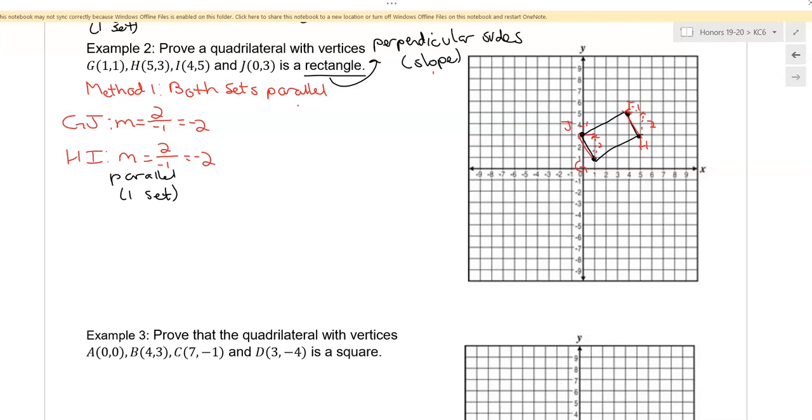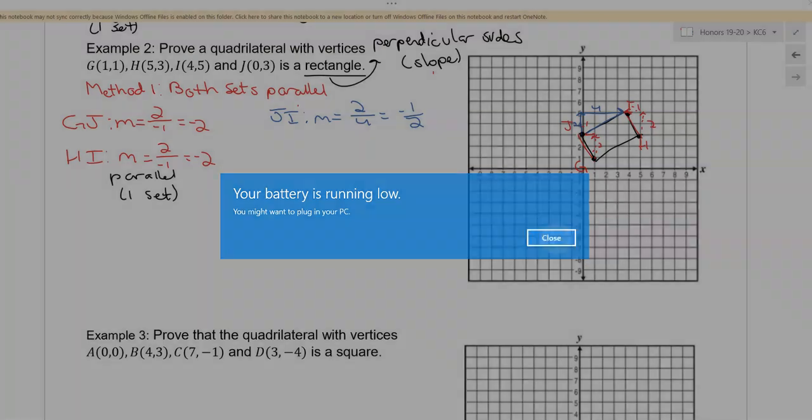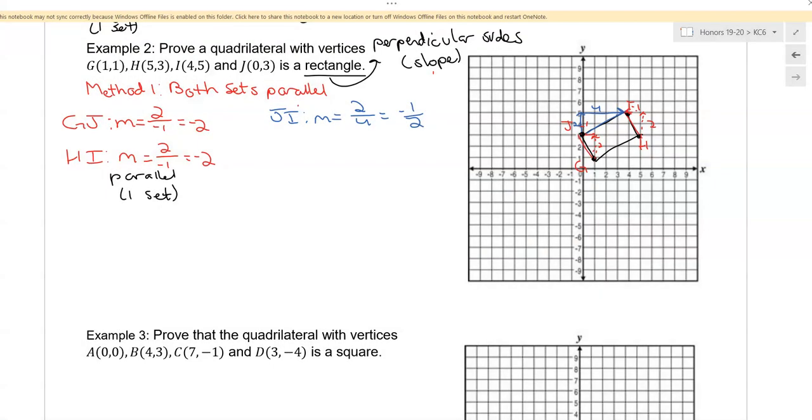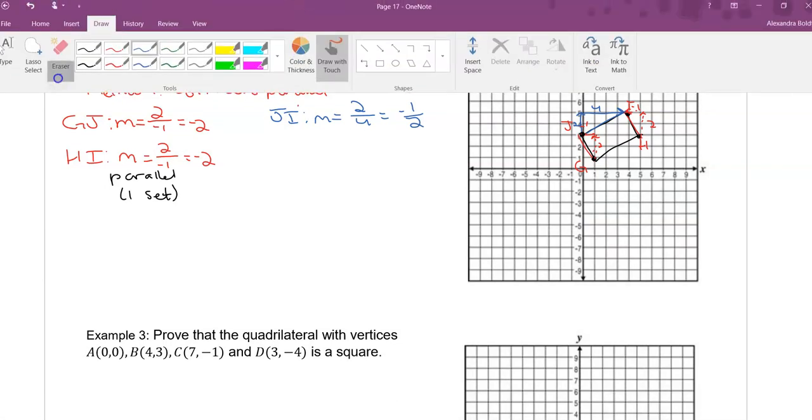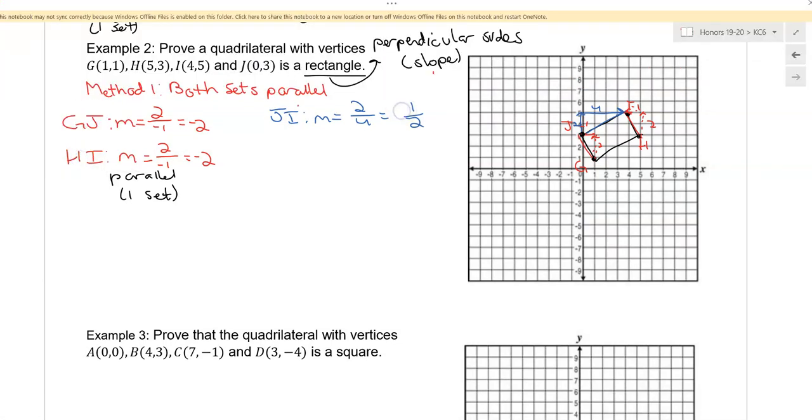Looking from J to I, not G to I. I'm going up 2, right 4. Okay, so I'm going up 2 over 4, which I don't know why I have a negative in there, sorry, which equals just positive 1/2.